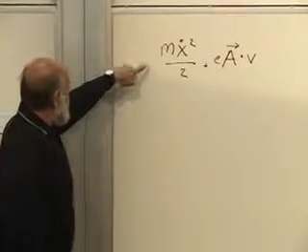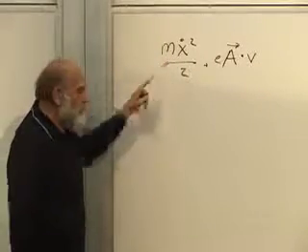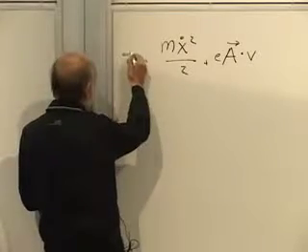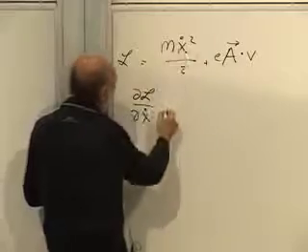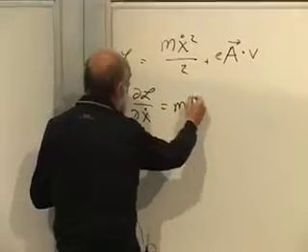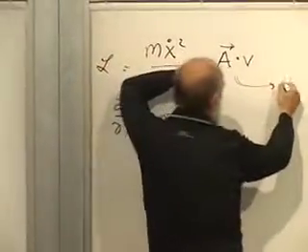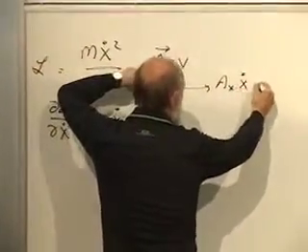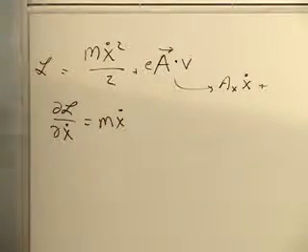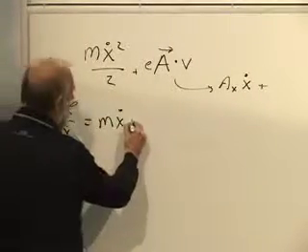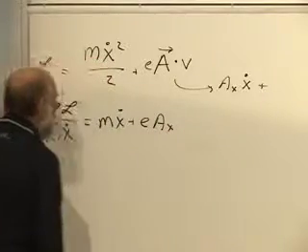So for example, if I wanted to calculate the momentum canonically conjugate to x, I would want to differentiate the Lagrangian with respect to x dot. What does that give? It gives m x dot, and then from here there's another term. This here is A_x x dot, plus A_y y dot, plus A_z z dot, and so forth. And so there's another term which is plus the electric charge times the vector potential.